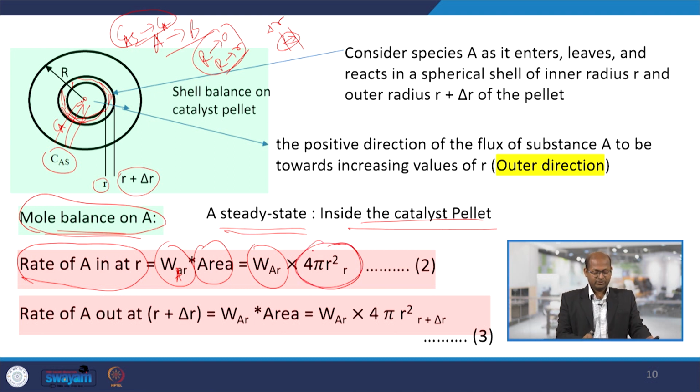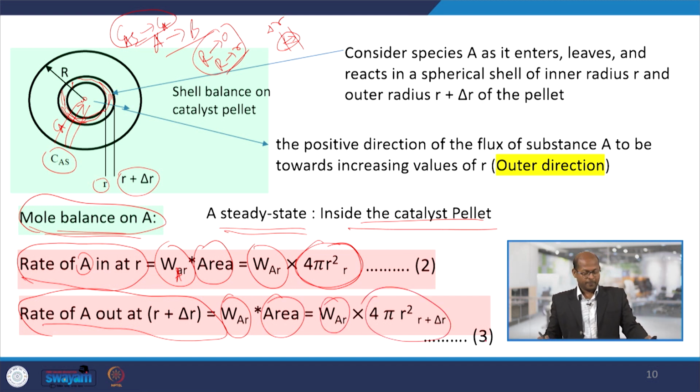If you multiply it with the area, then the rate of transfer of mass of component A we can know, and the rate of A out at R plus delta R, that is the flux at that particular point into area, if we multiply that, then it would be equation 3. So, the flux at two different points, rate of A in at r and rate of A out at r plus delta r, that we know, using equations 2 and 3.